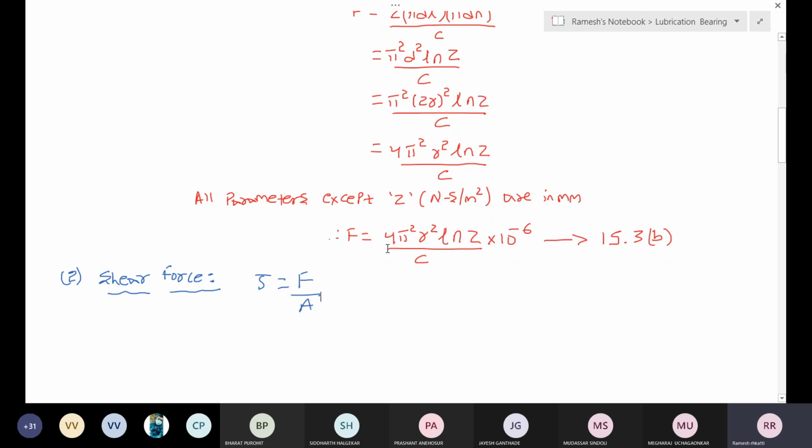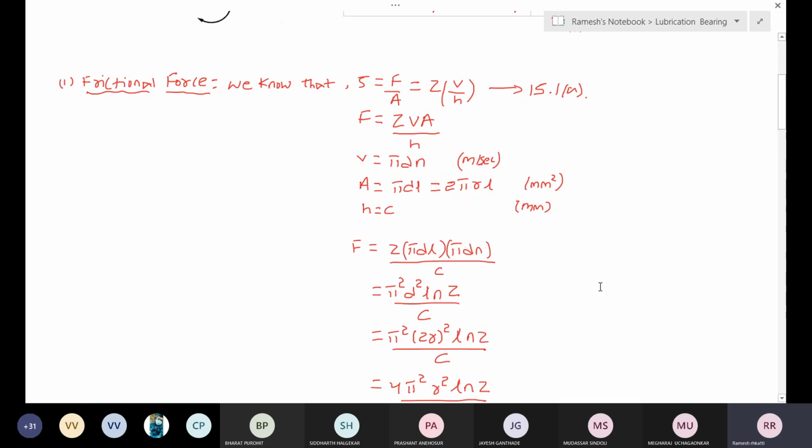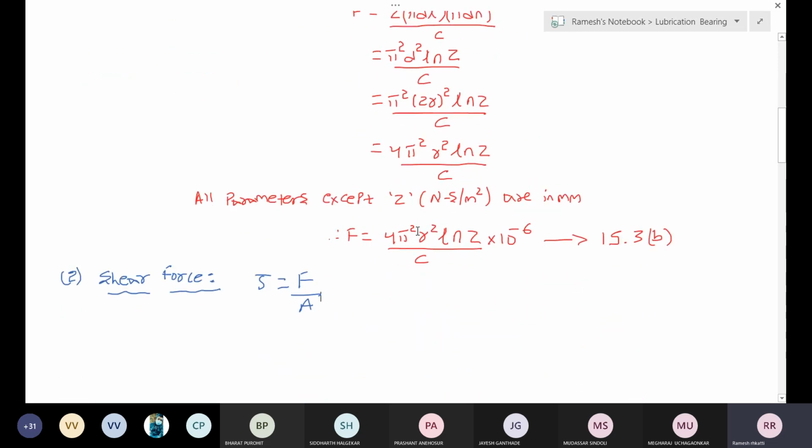Now you know the frictional force. Substitute that in this case. Therefore, tau is equal to F divided by A, which is 4 pi square R square L n into Z into 10 raised to minus 6 divided by C.